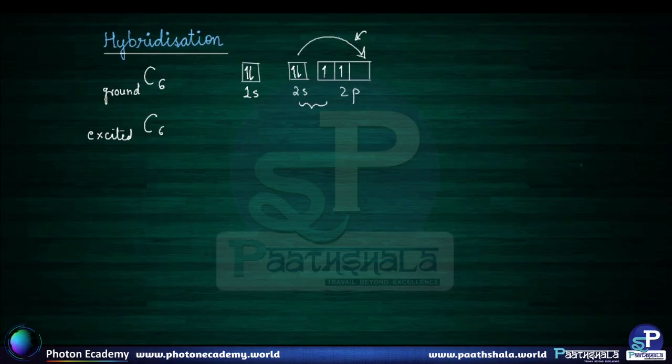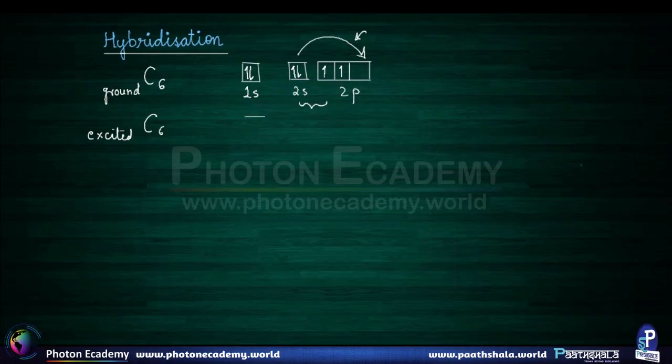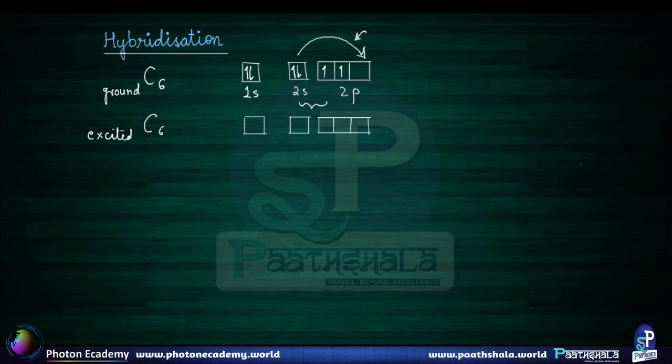So here is the electronic configuration of the excited carbon atom. The electron from 1s can never jump outside because it's the inner shell which almost remains isolated, and the energy required for one electron from 1s to jump to the outer orbital cannot be compensated by the bond formed.